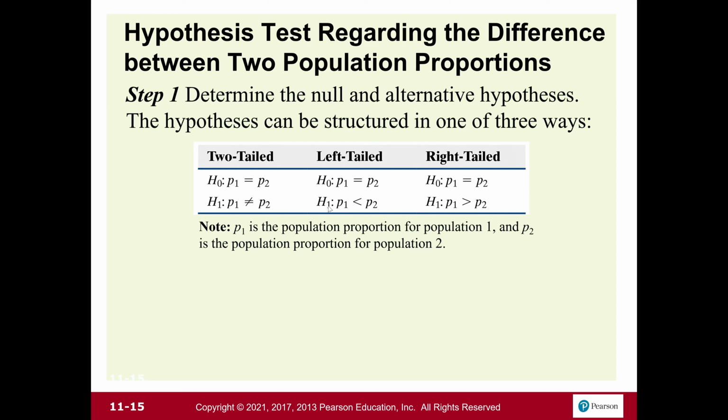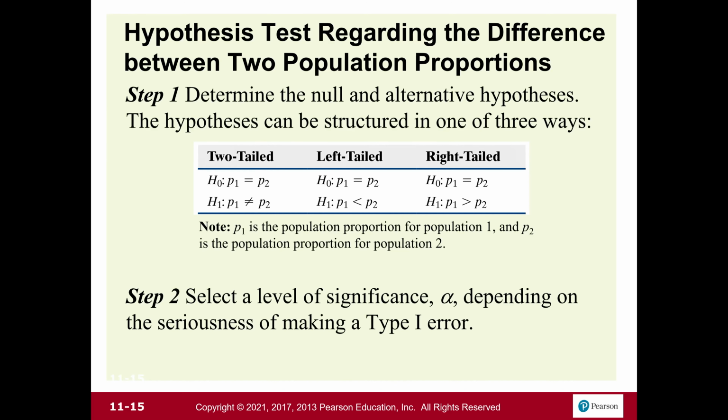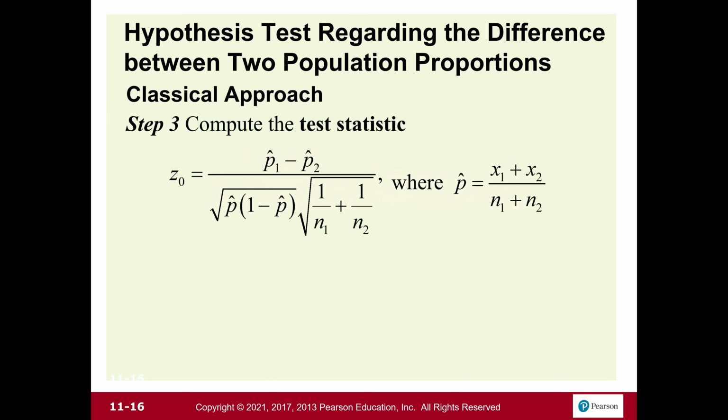A left-tailed test would be to determine if p1 is less than p2, and the right-tailed test between two populations would be to determine if p1 is greater than p2. The second step would be to select a level of significance. Usually this is given, depending on the seriousness of making a type 1 error. Three, compute the test statistic.